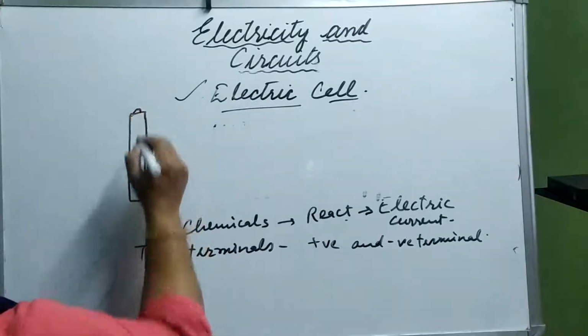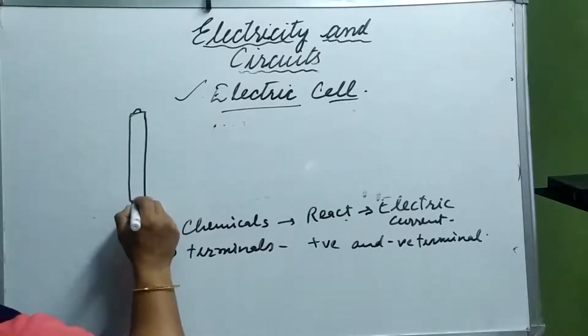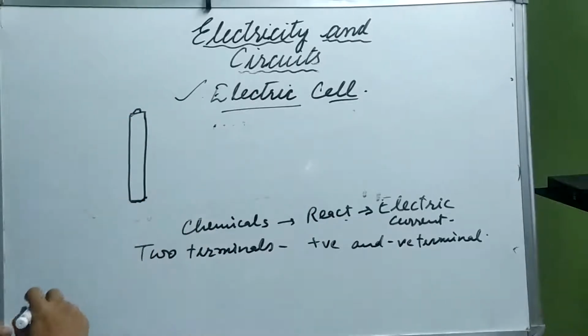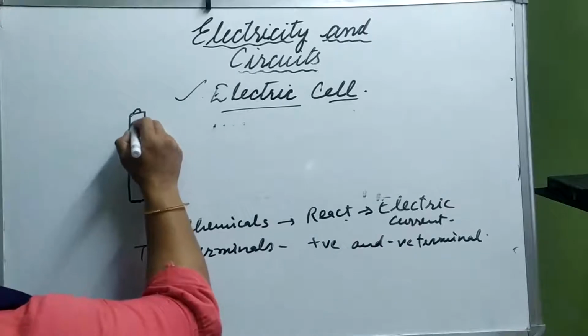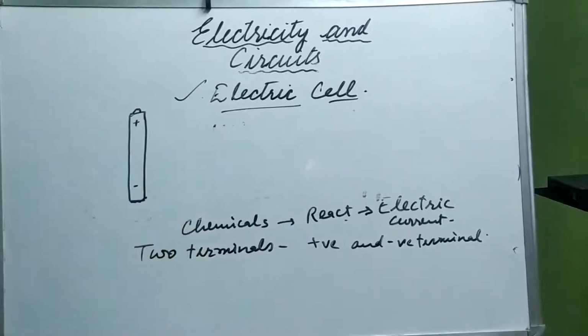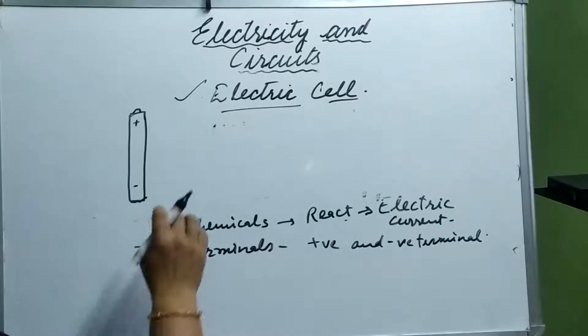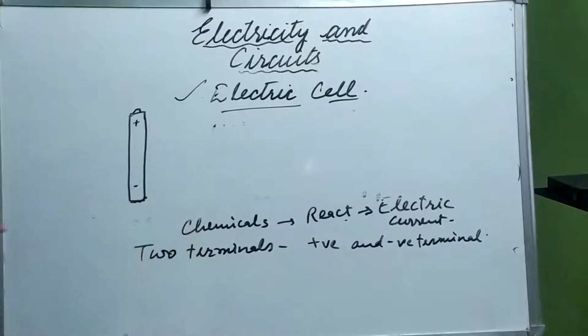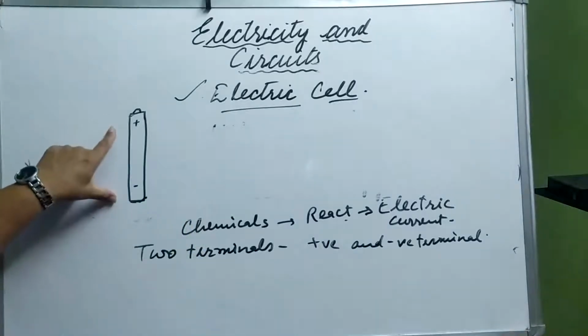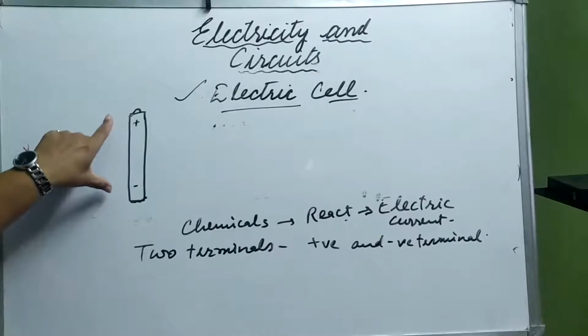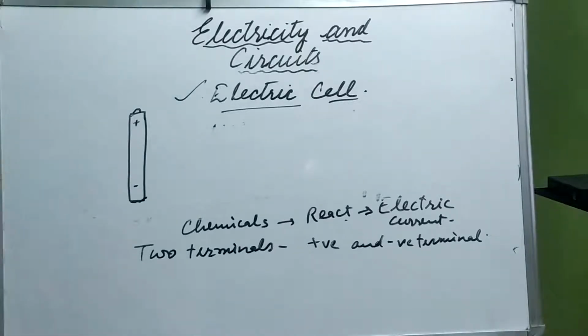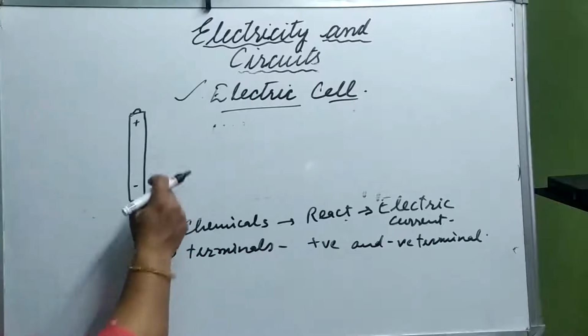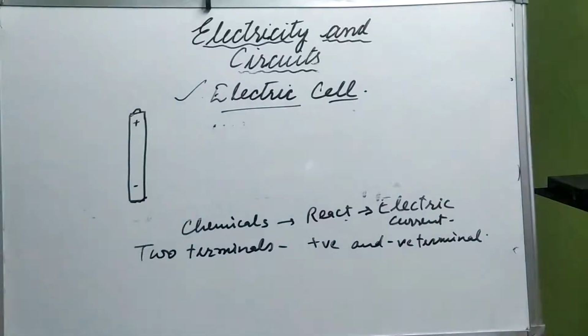A little bit projecting outside and a little bit depressed inside. This side is the positive terminal and this side is the negative terminal. On the cells you can see them symbolically represented with the help of a plus sign and a minus sign, which indicate the respective terminals.